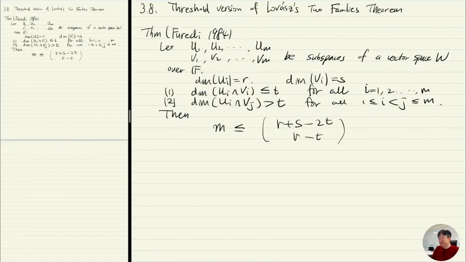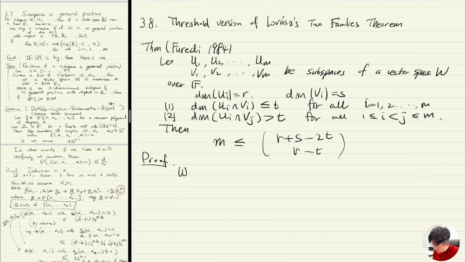And how are we going to prove it? We use the argument about subspaces in general position. So we may assume that the field is big.